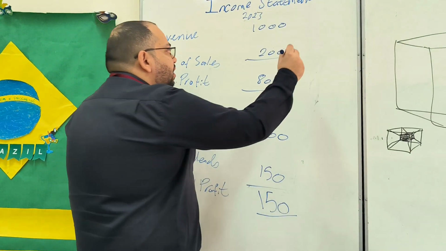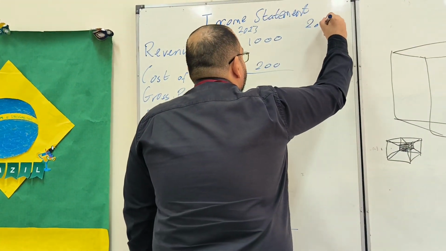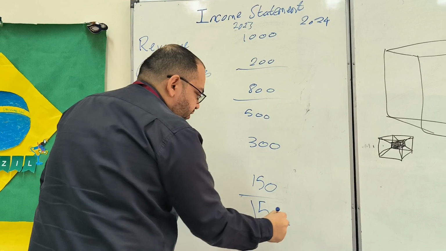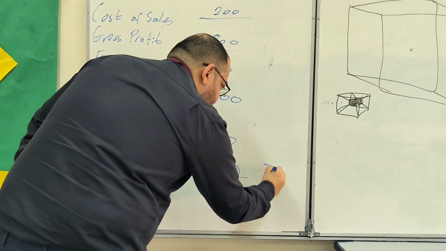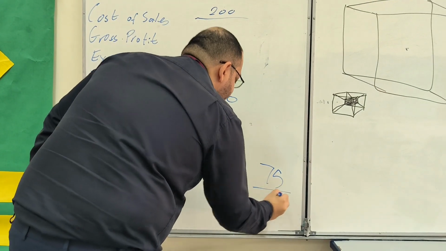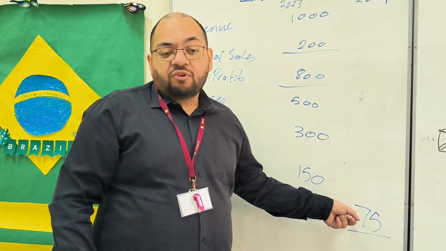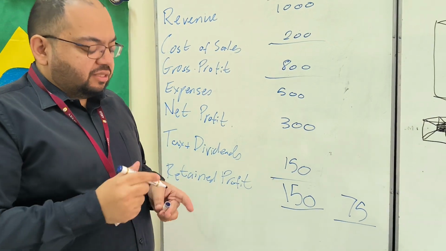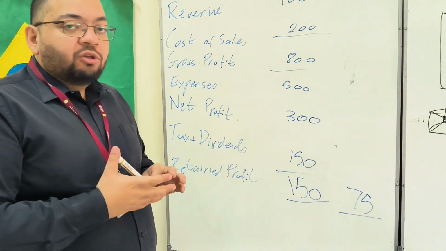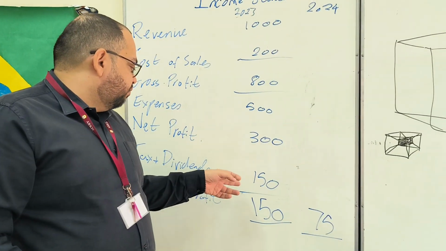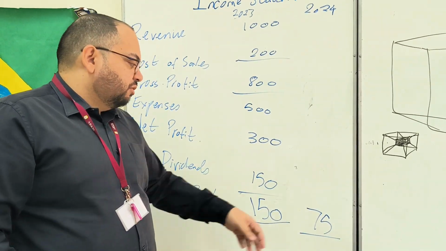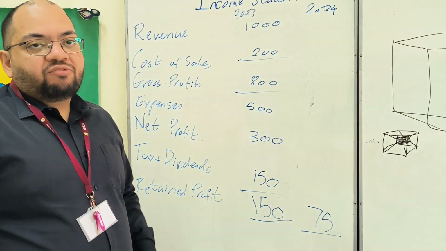So for example, if in 2024, your figure for retained profit is 75, that means that retained profit has fallen, and it also means that the shareholders are probably not going to be happy because they've probably earned lesser dividend because of the retained profit figure.